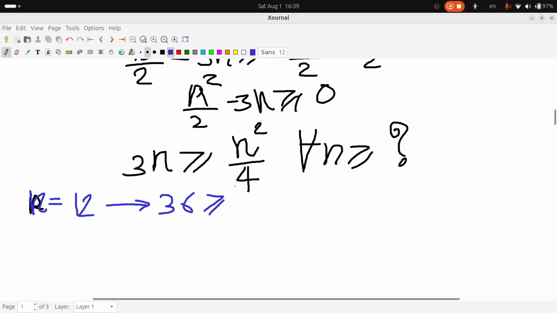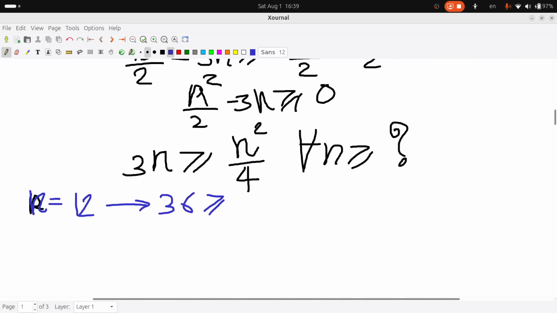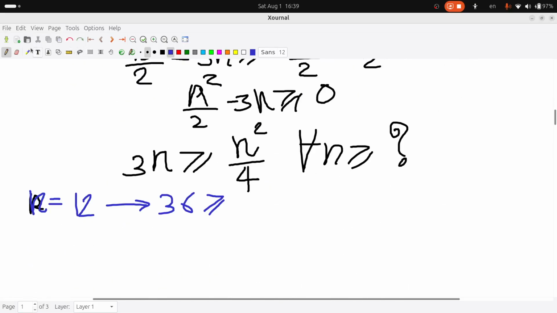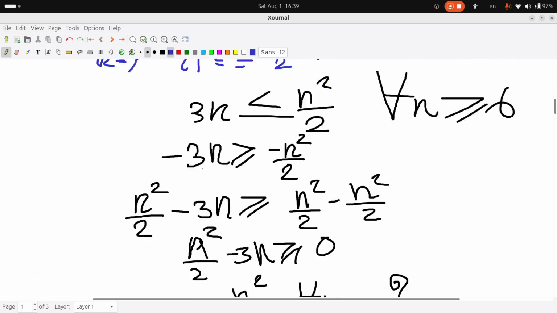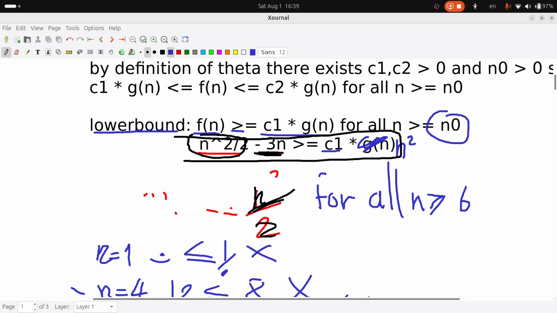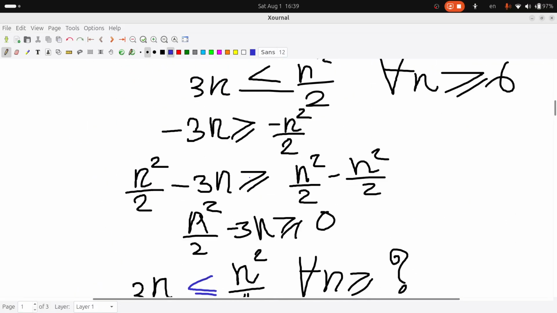It will be less than or equal to, sorry, it should be less than or equal to, because later we will multiply by -1, and the sign of the inequality will be the opposite.